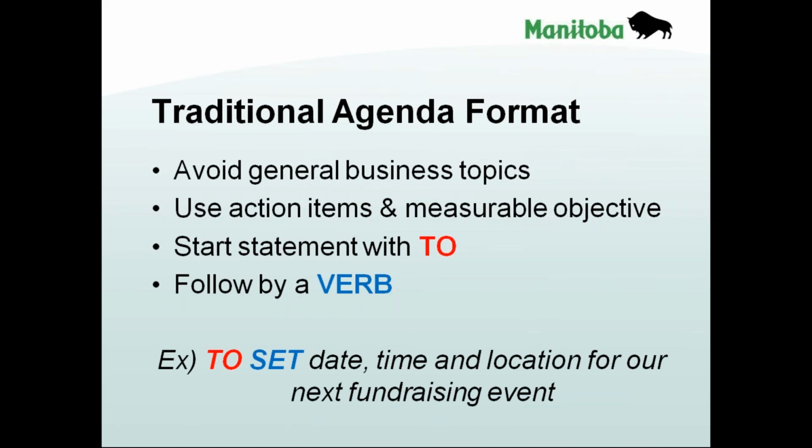For example, "to set the date, time, and location for our next fundraising event." Another example, "to select an evaluation method for our educational programming." These types of statements help participants be prepared to contribute to the discussion.